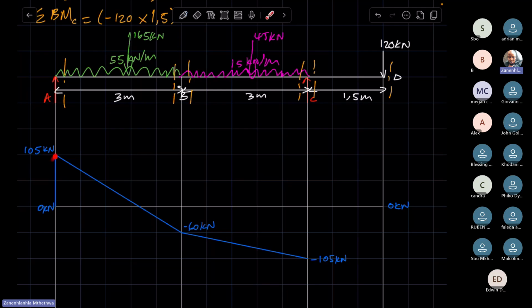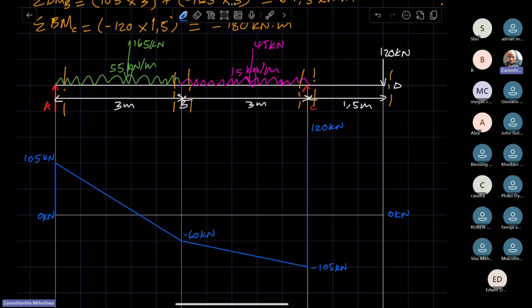Now, this point is 105, so 120 should be slightly above. So you draw a line going straight up to 120. So here you have 120 kilonewtons. Are we clear? Yes.